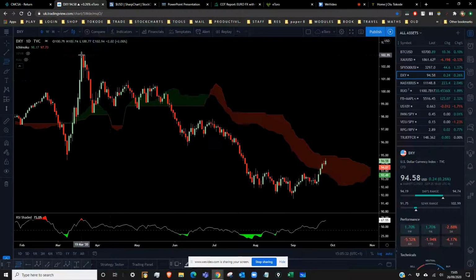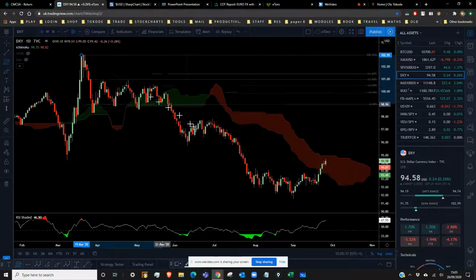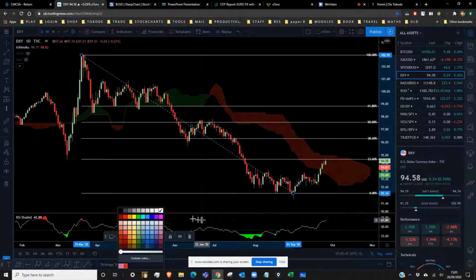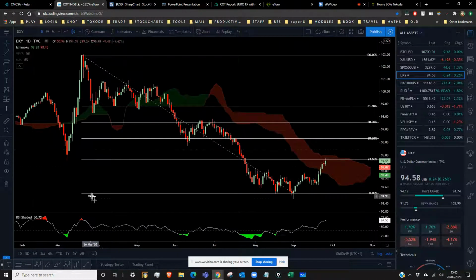So this is my prior high, starting from here. I'm going to draw it down to this low here. I'm going to make that visible. Okay, so these are my levels. So price, or the index, is already at the 23% Fibonacci level.